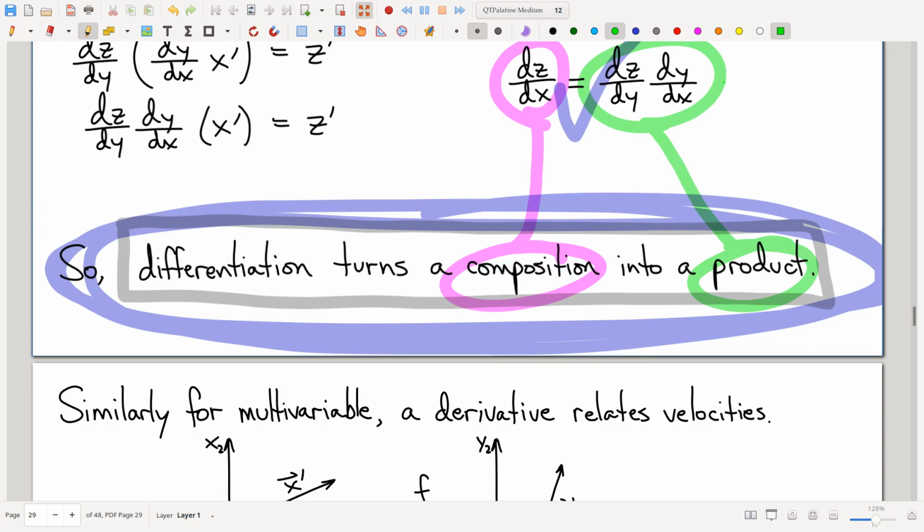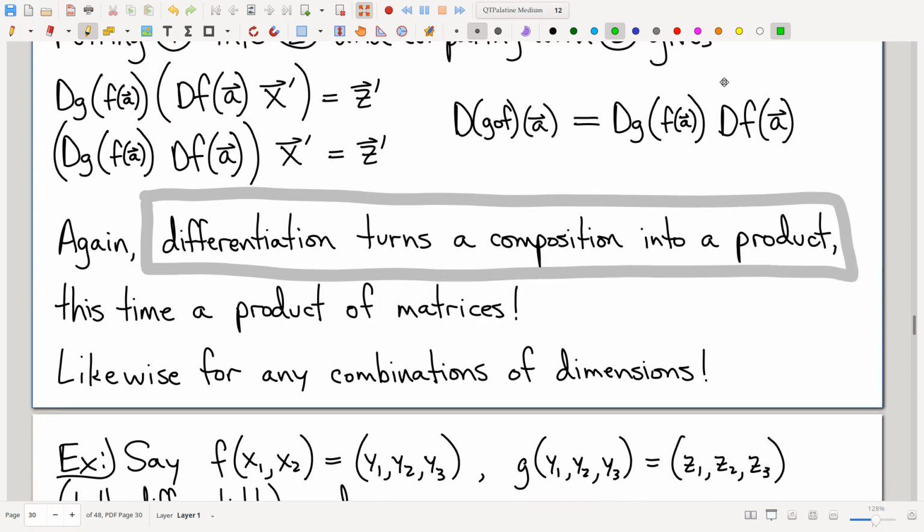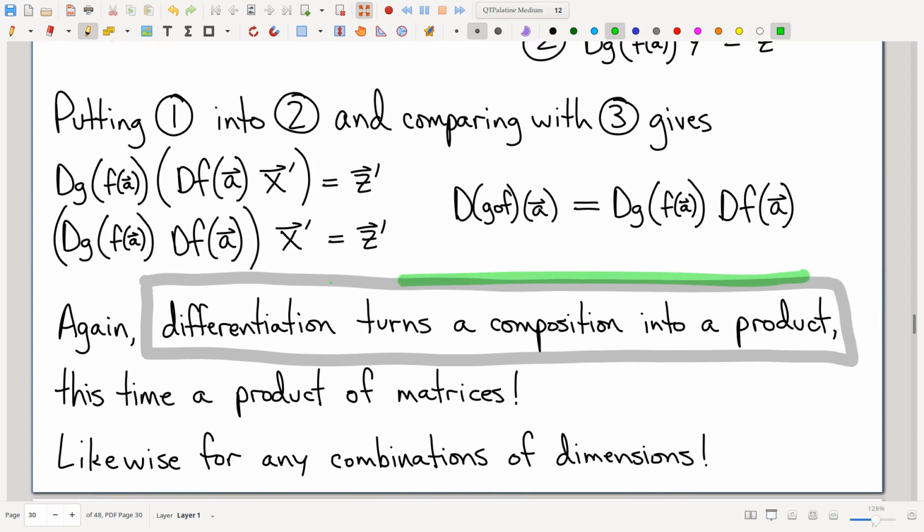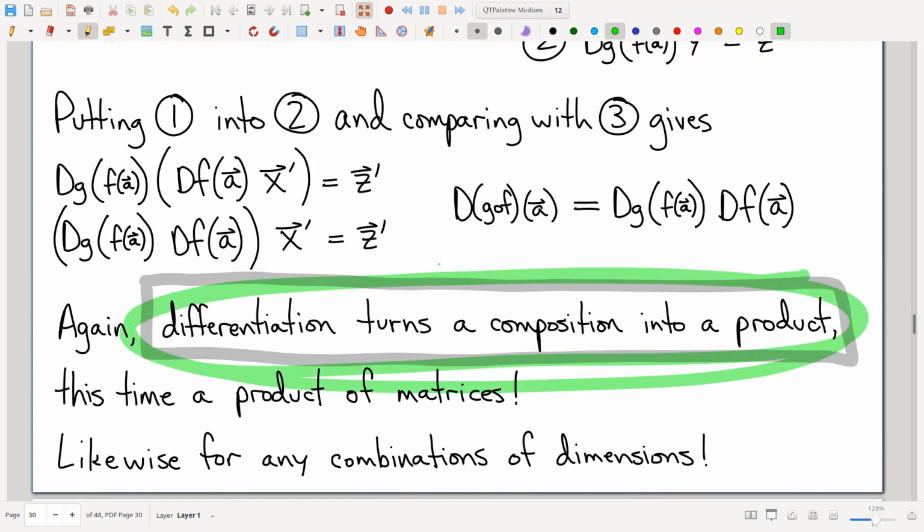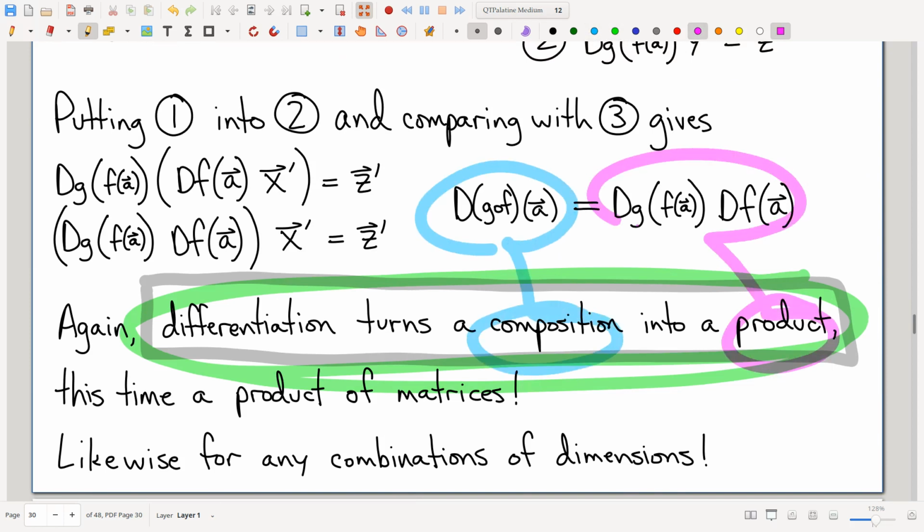So differentiation turns compositions into products. And, well, same here. Here we have the derivative of the composition, and here we have the product of individual derivatives.